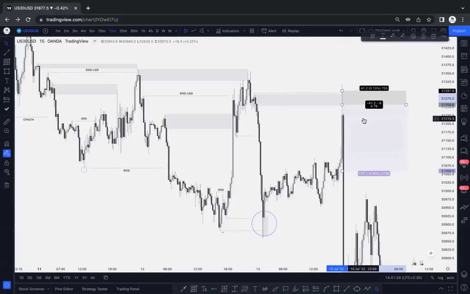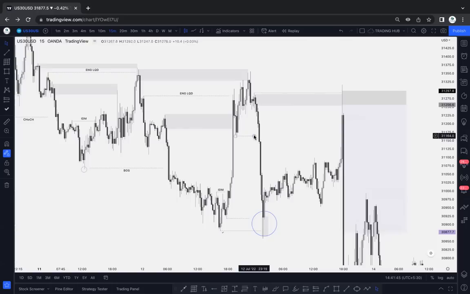This is our smart money trap. That's the main reason smart money traders fail: they always wait for the BOS and look for the sell on the order block, but they don't wait for the inducement and the liquidity to be taken out.